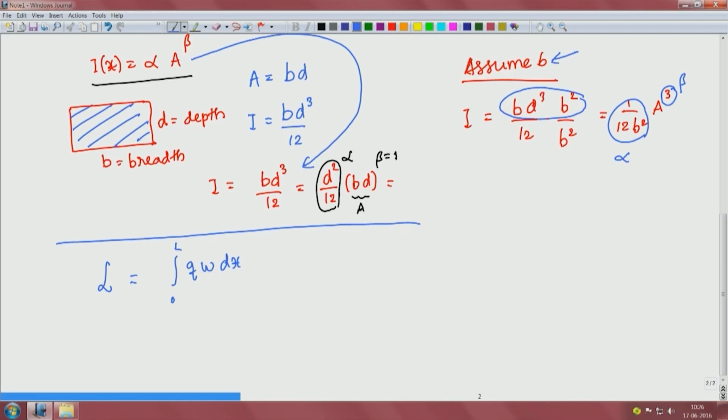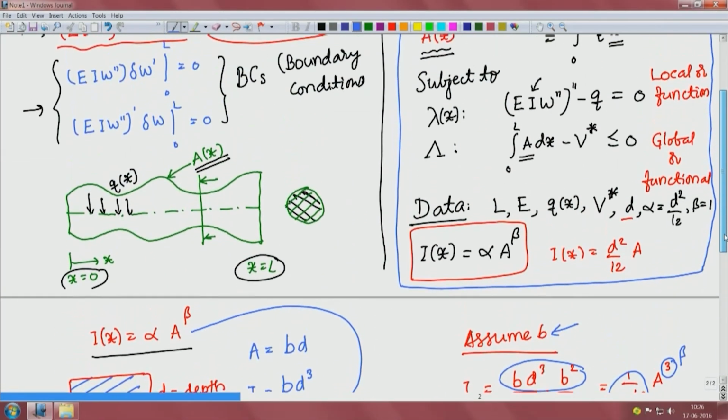One is a local constraint whose Lagrange multiplier is lambda, and we have to multiply that with the constraint itself, which is E I w double prime minus q.